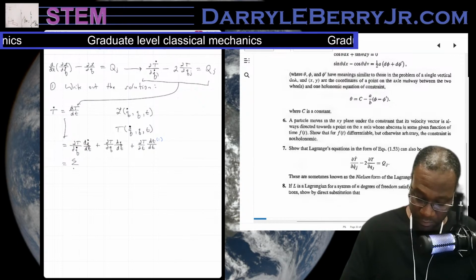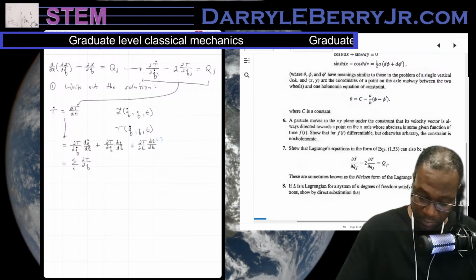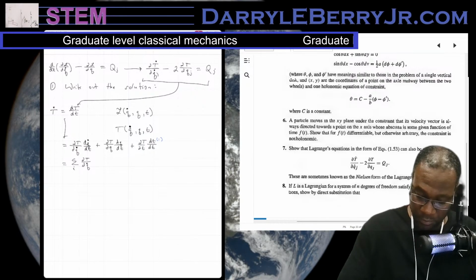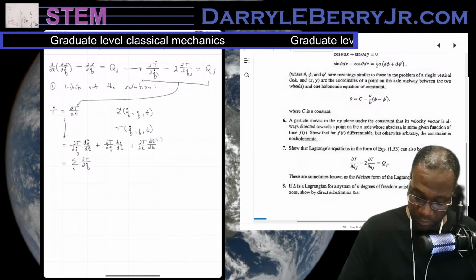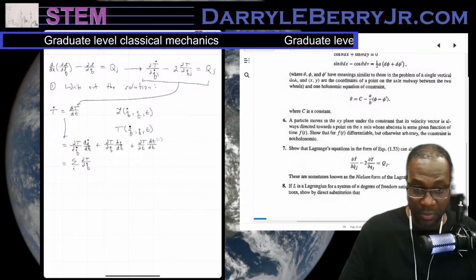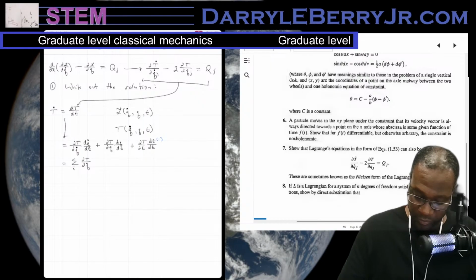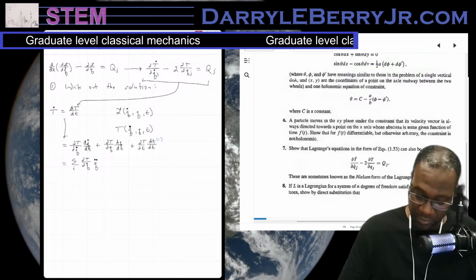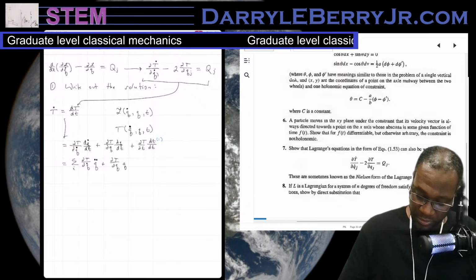And the dq dt, or the dot on it, ends up being q double dot, plus this ending up being q single dot.